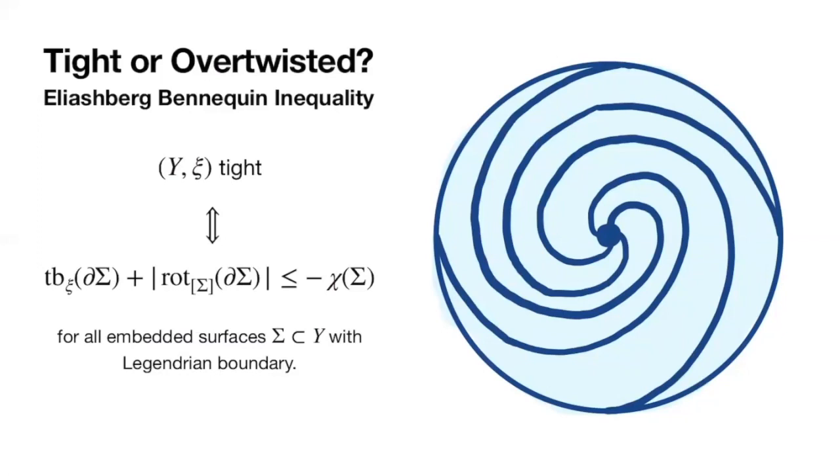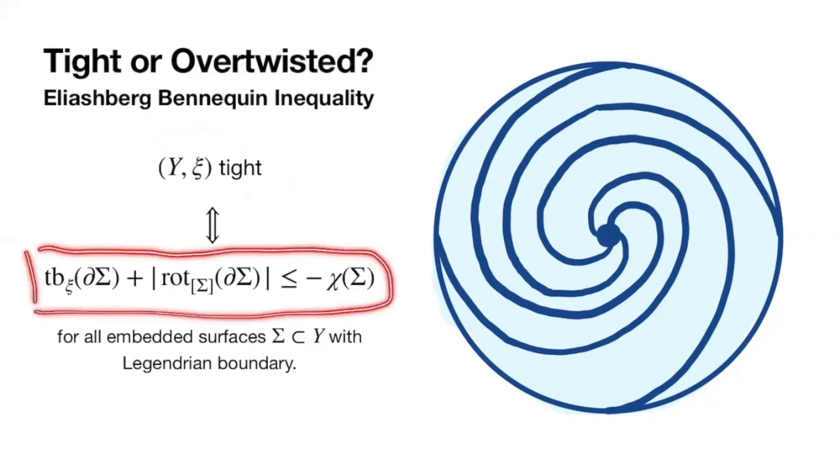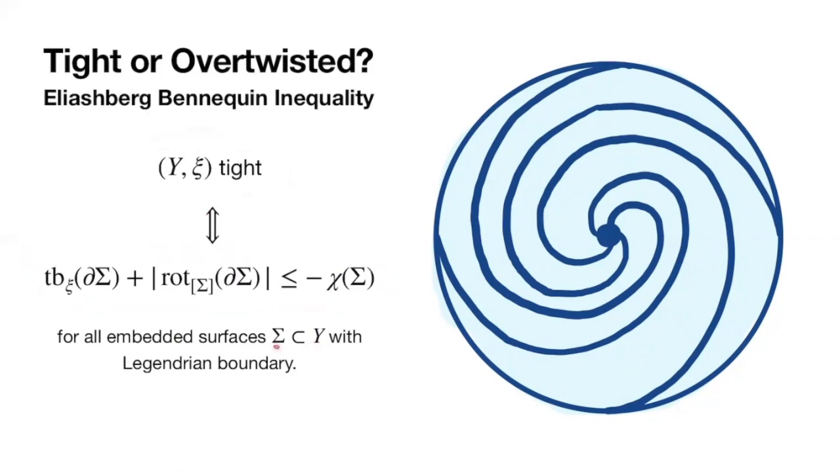So the theorem says that the tightness of a three-manifold is characterized by embedded surfaces in that three-manifold satisfying this kind of inequality. So the inequality says that for any embedded surface with Legendrian boundary, the Thurston-Bennequin number of the boundary plus the rotation number of the boundary is less than or equal to the negative Euler characteristic of the surface.